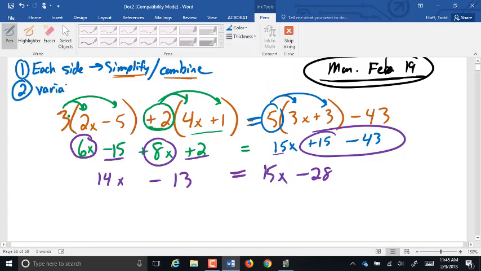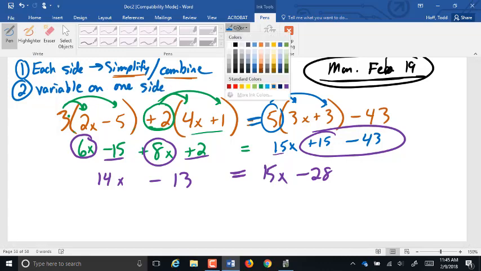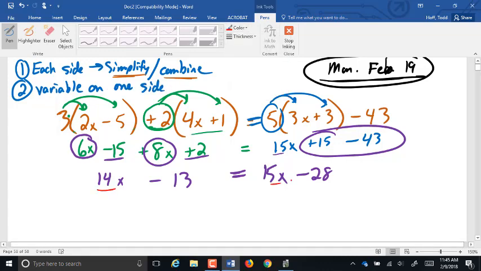The second thing we need to do, once we've combined and simplified each side, is get the variable on one side. Right now, the variable's on both sides. In many of the equations we're going to solve, we don't have to do one or both of those steps. But in this case, the variable is on both sides, so we do have to get rid of one.